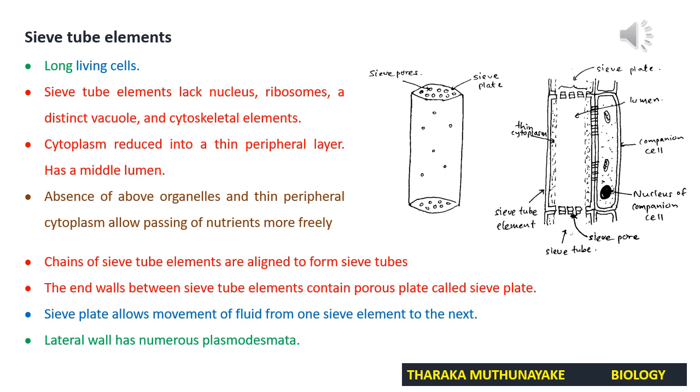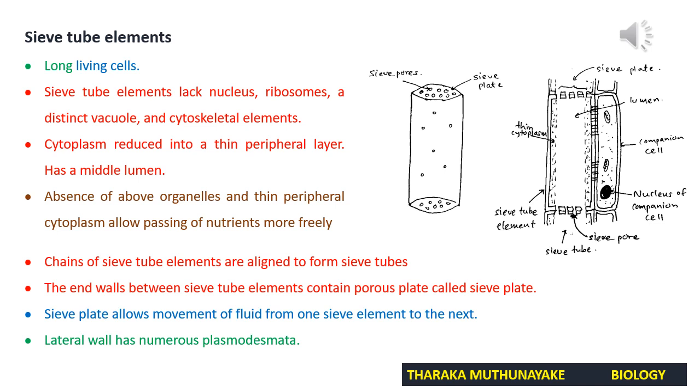Okay. We mentioned earlier, among sieve tube elements and sieve cells found in lower vascular plants, sieve tube element is the most adapted cell type for efficient phloem translocation. So what are the adaptations found in sieve tube element for this? Here those adaptations are given in red color. Mark those in your note and memorize those carefully.